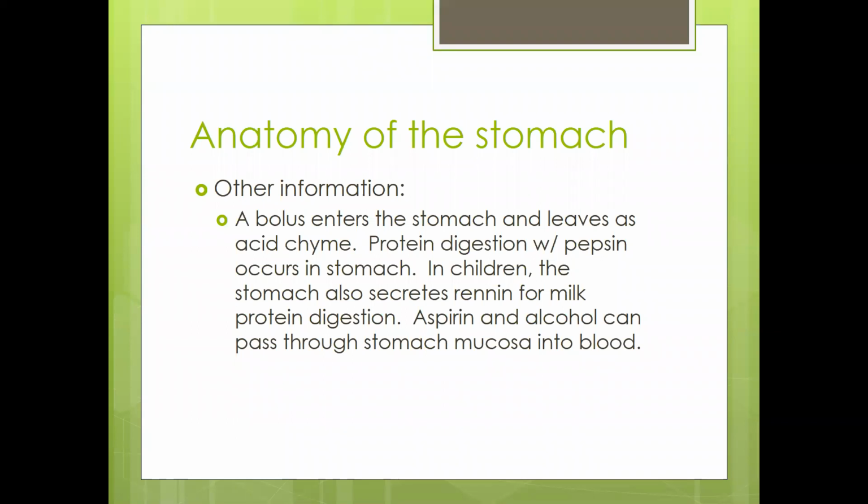And here's the interesting thing while we're on the topic of digestion. For those of you that are lactose intolerant, guess what? You're the normal. Those of us who are not lactose intolerant and can digest the lactose in milk, the milk sugar, we're the mutants. I think it's happened about 7 or 8 times in the history of the human population that this mutation has arisen, where we produce lactase all of our lives.